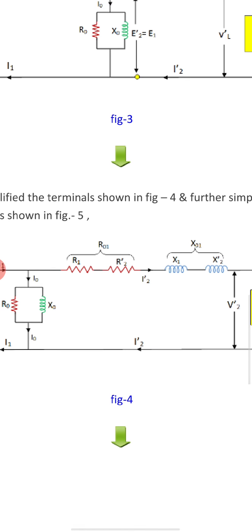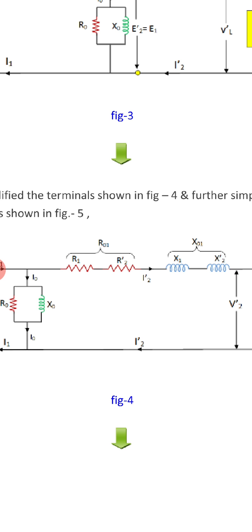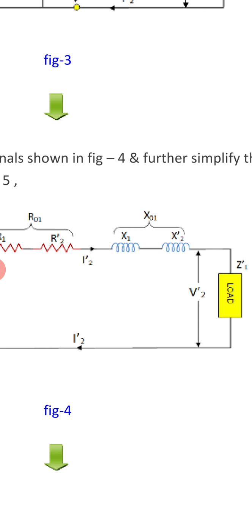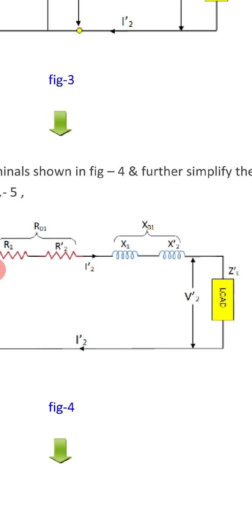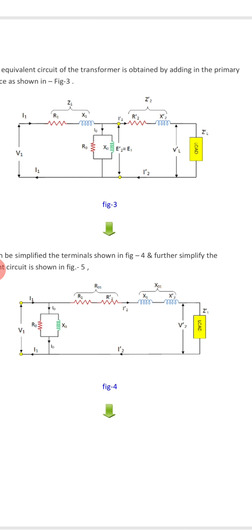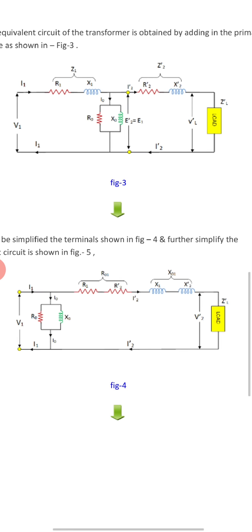And then the primary winding resistance R1 and R2 dash, the secondary winding resistance, and reactances X1 and X2 dash. So this is the final equivalent circuit of the single phase transformer.